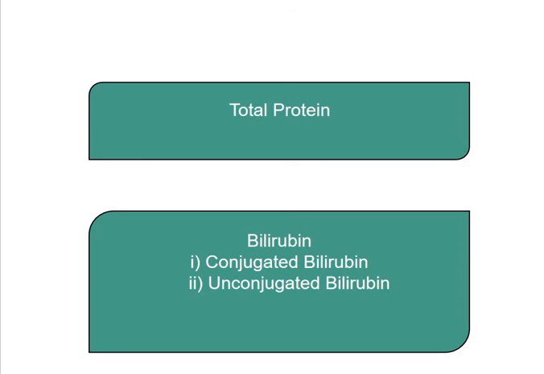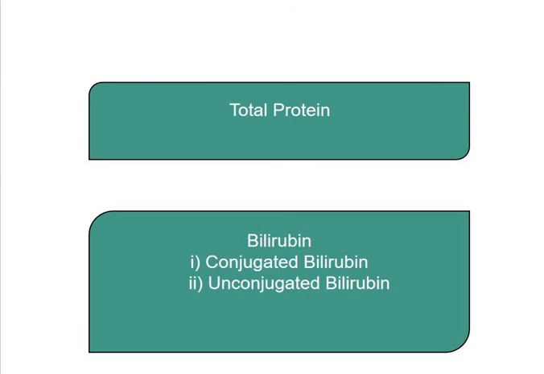It can also be raised with hepatitis, liver injury or long-term alcohol abuse. If a person is continuously drinking alcohol, in that case also the conjugated bilirubin shows an increase in its concentration. So this is what we have about conjugated bilirubin.